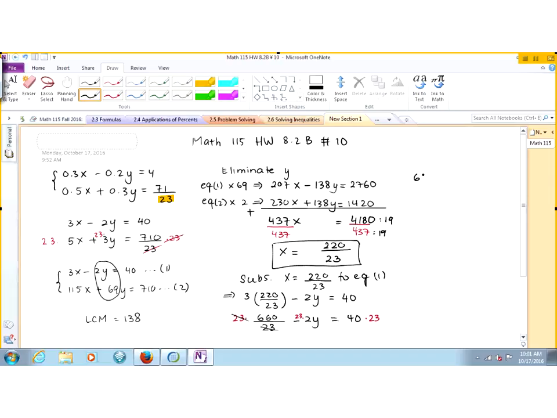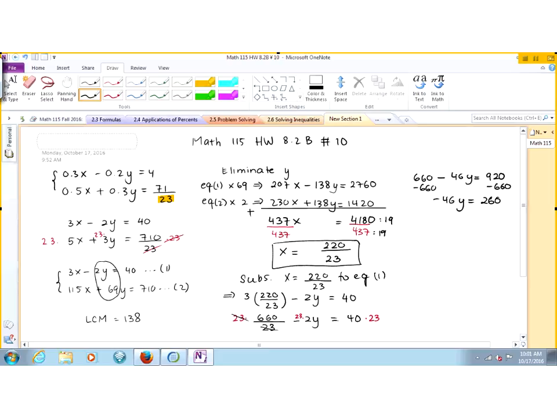All right. So let's see here. What do you have? 660 minus 46y is 920. So subtract 660 from both sides. So negative 46y is 260.